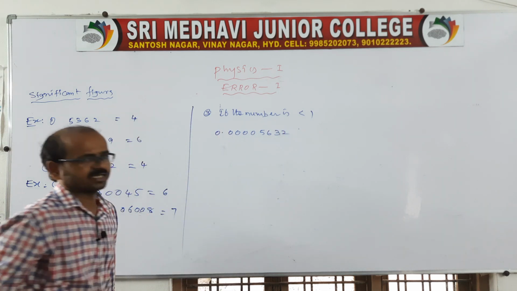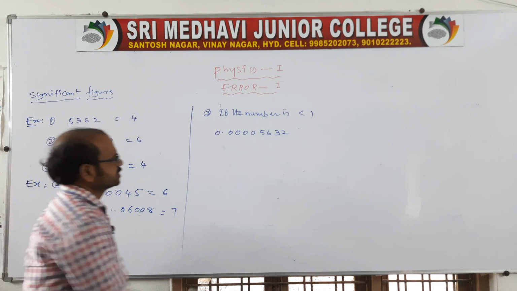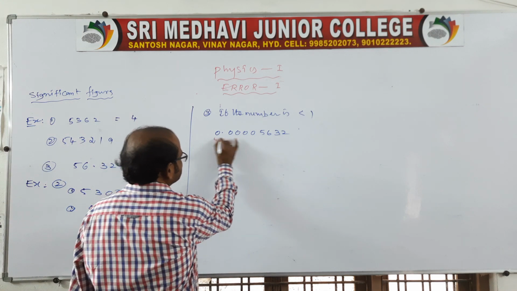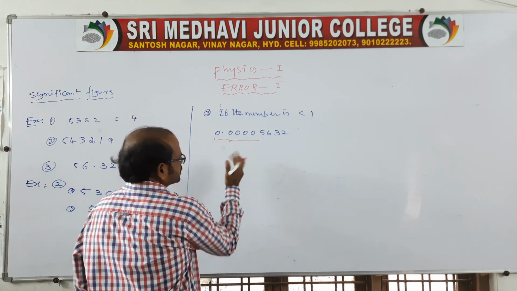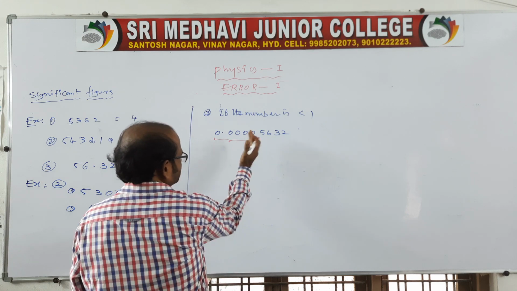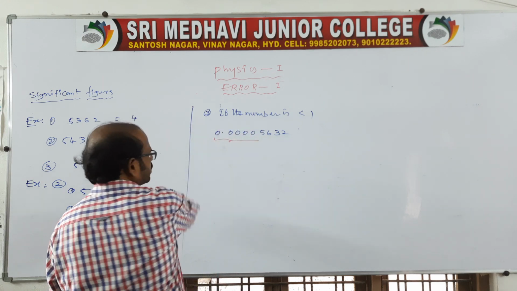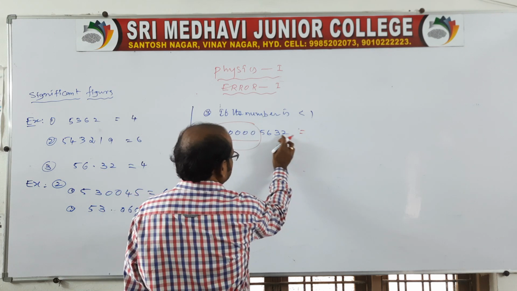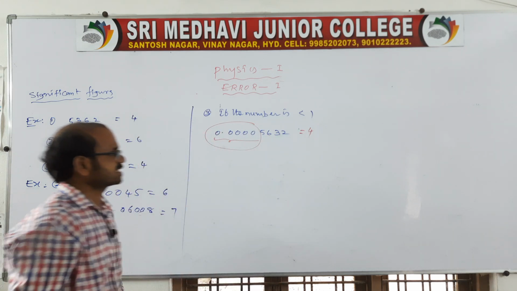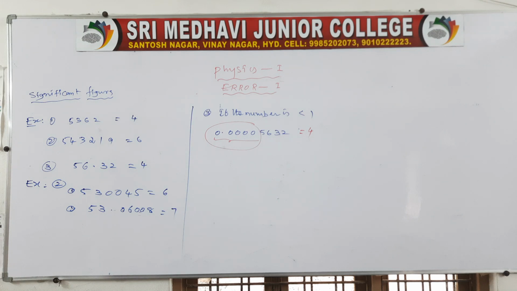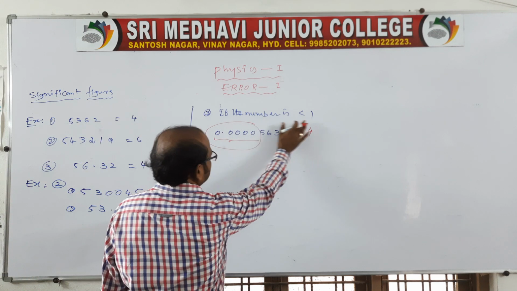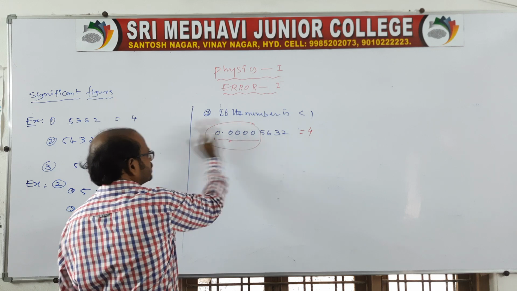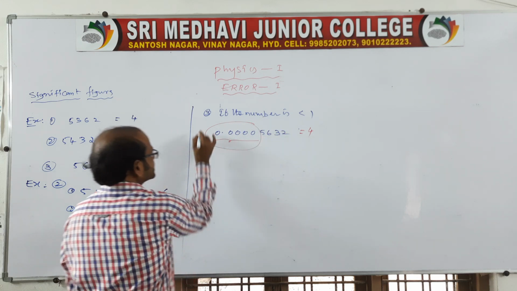Sir, what is the significant count? Since it is less than 1, you leave all these zeros on the left side, and you count the remaining numbers: 1, 2, 3 is significant. If the number is less than 1, leave all the zeros and count like this. It is the first example.